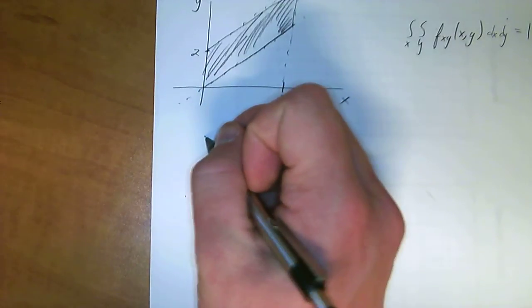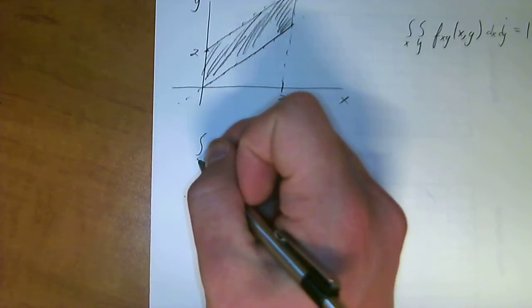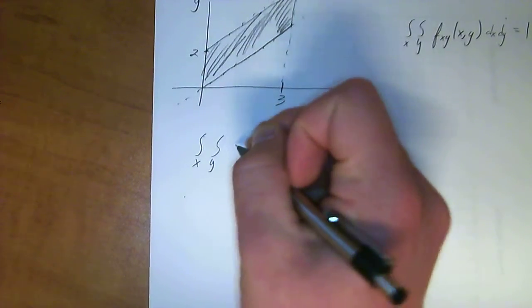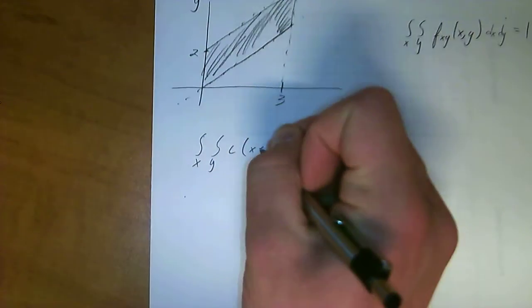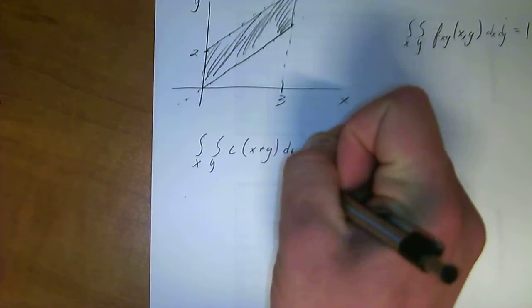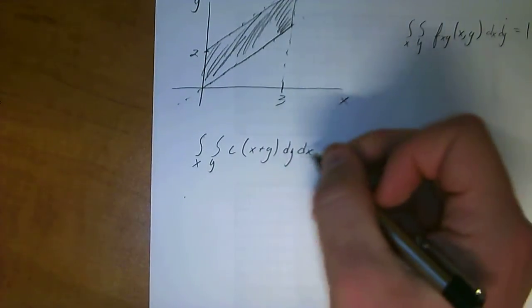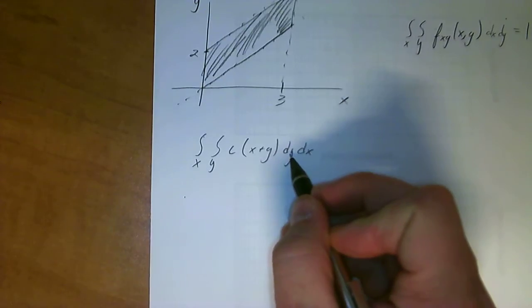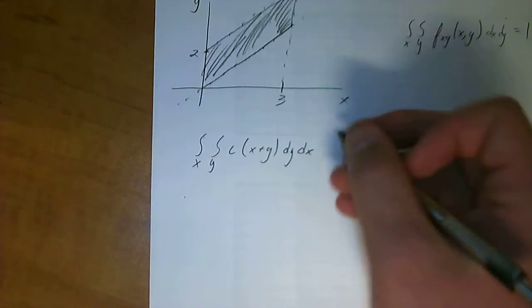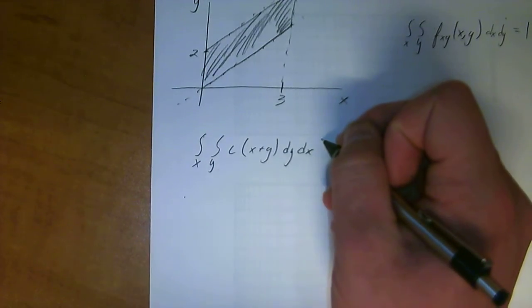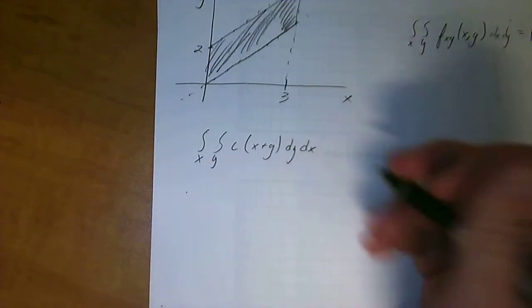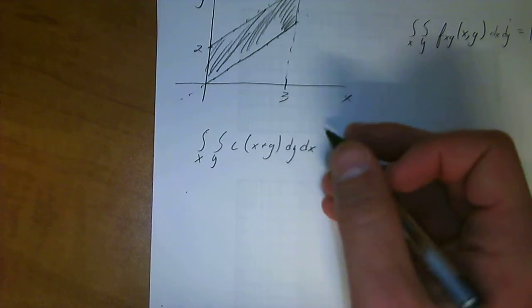I'm going to go ahead and move down here. The integral over x of the integral over y of c times (x plus y) dy dx. Sorry, I got those backwards earlier. Your first dy should always go with your first, or rather your innermost, integral. Okay, and then you work outwards like this, if you're not familiar with integrals.